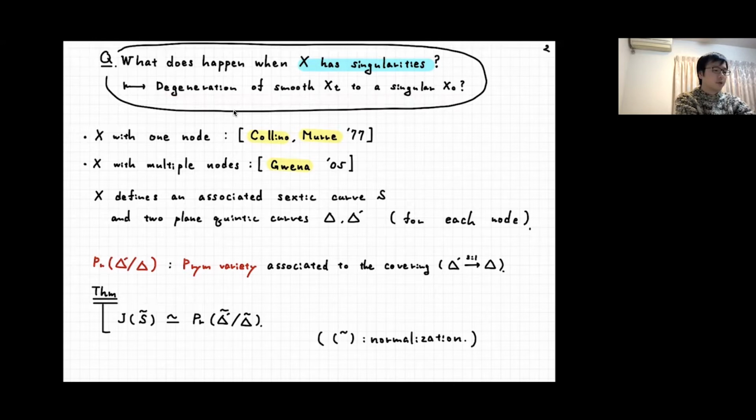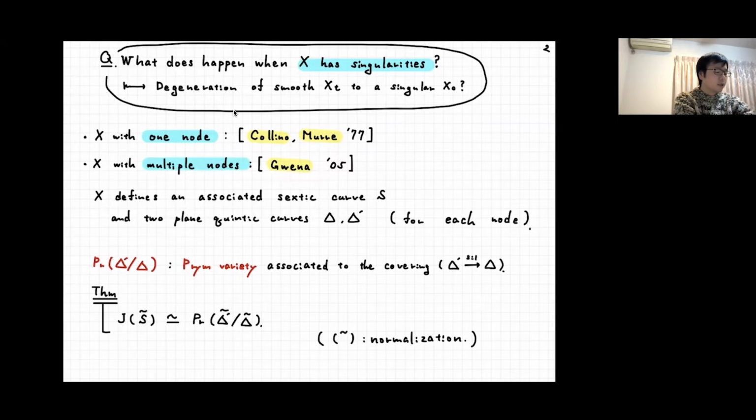The cubic threefold with one node is studied in the classical paper by Collino and Murre, and recently the case of multiple nodes was studied by Gwena.